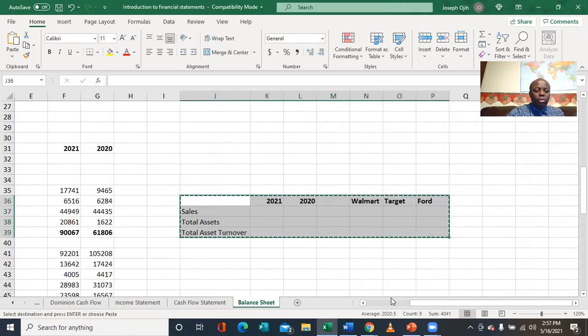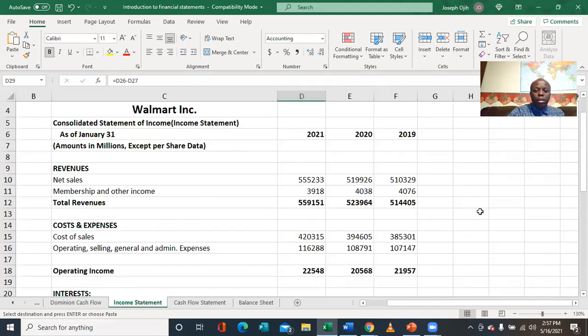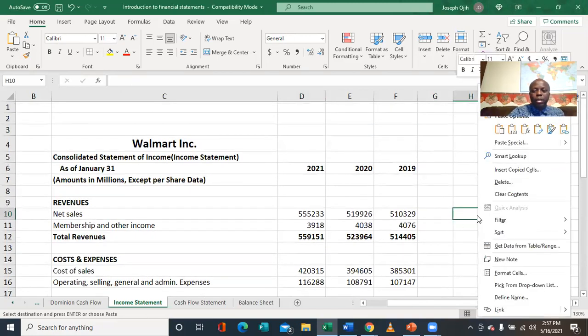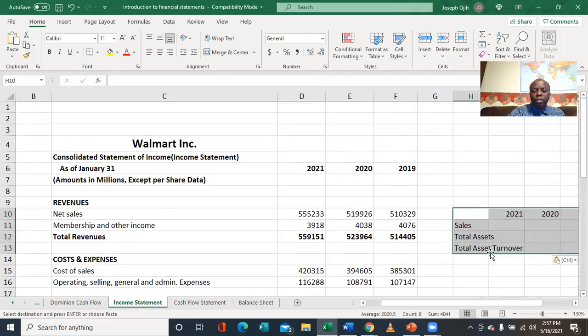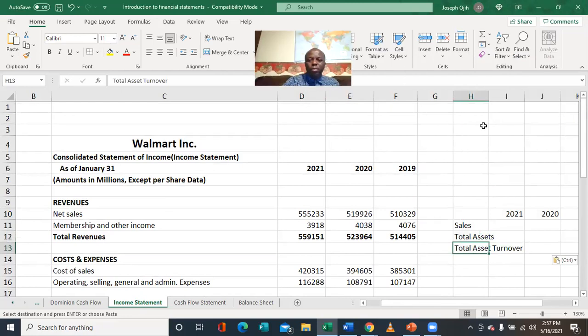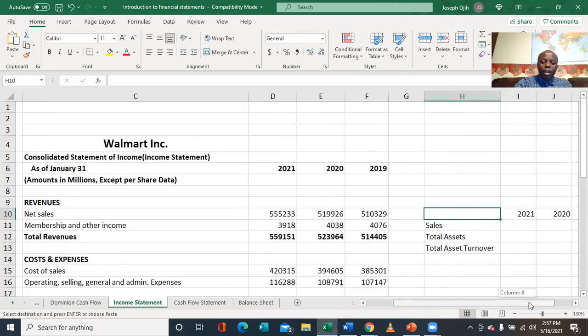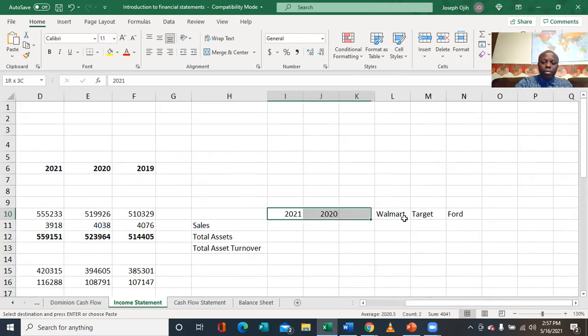So for Walmart's income statement, I'm going to put it right there. Everything is good. Now I can make them bold.